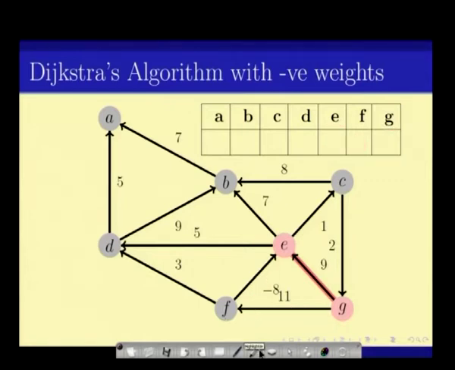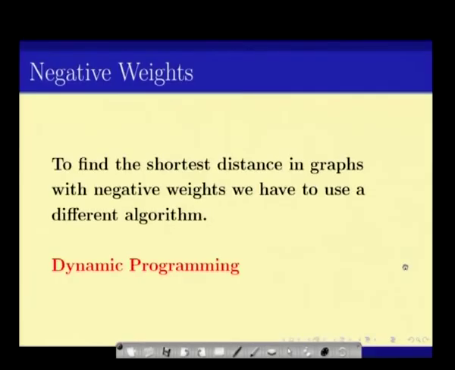So, this is the reason why Dijkstra's algorithm will fail miserably when there are negative edges. So, the question is, how can we find the shortest distance in graphs when there are negative weights?